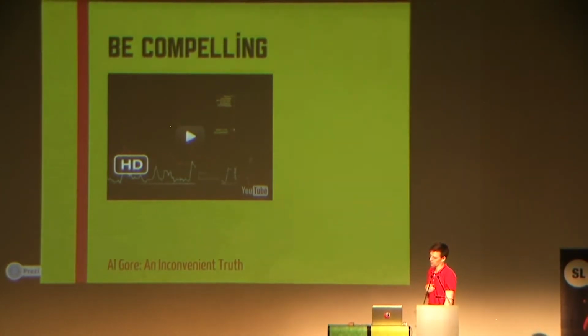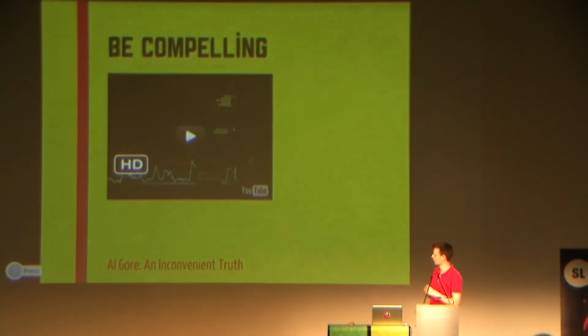The other thing that's really great about storytelling is that you can be really compelling, and a story that's compelling on its own is made so much more compelling when it's backed by data, because it gives people the feeling that it's real. The best example I can find of this is Al Gore's Inconvenient Truth speech.